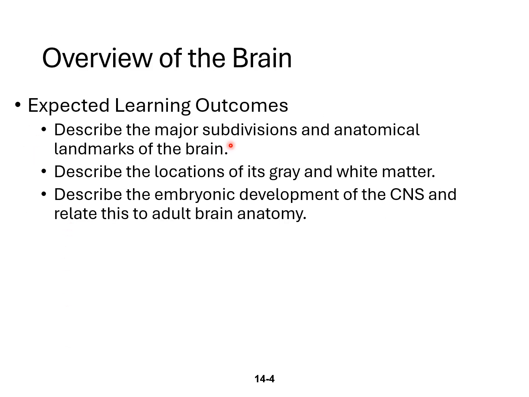So we're going to look at the major subdivisions and anatomical landmarks of the brain, describe the location of its gray and white matter, and unfortunately describe the embryonic development of the central nervous system and relate this to the adult brain anatomy. And again, if you understand embryonic development, you can better understand the progression of some of these diseases that affect the brain.